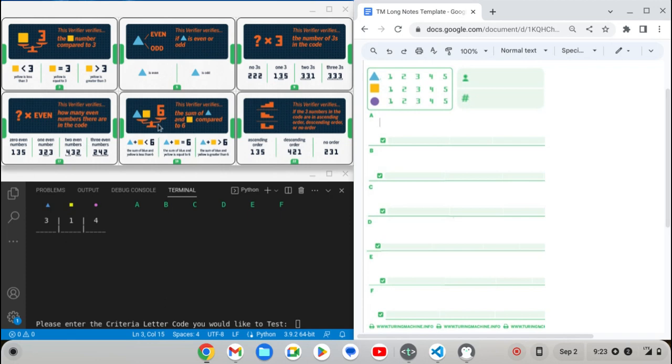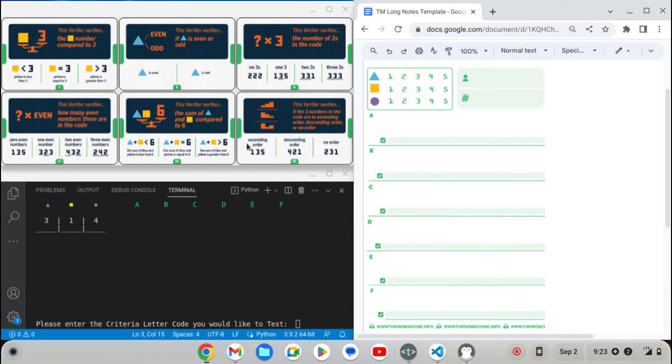Criteria card E will take triangle and square, add them together, and compare the sum to the number 6. So should the sum be less than 6? Should it be equal to 6? Or should the sum be greater than 6? And finally, criteria card F will look at the 3-digit solution from triangle, square to circle, and will let us know about its ordering.